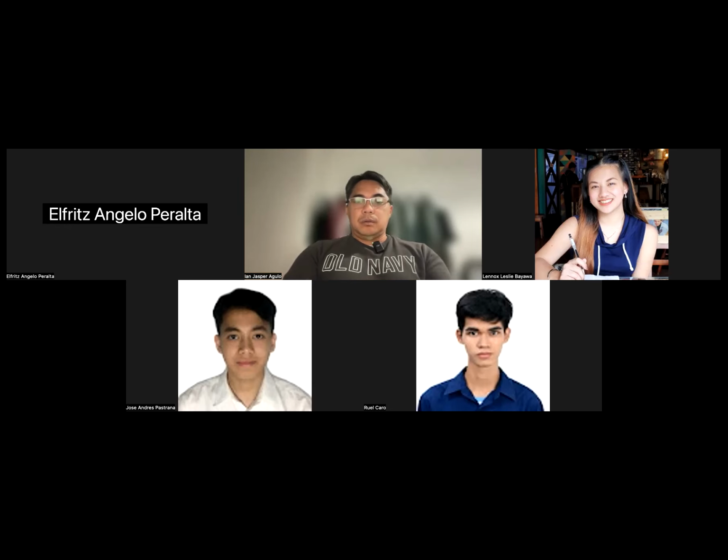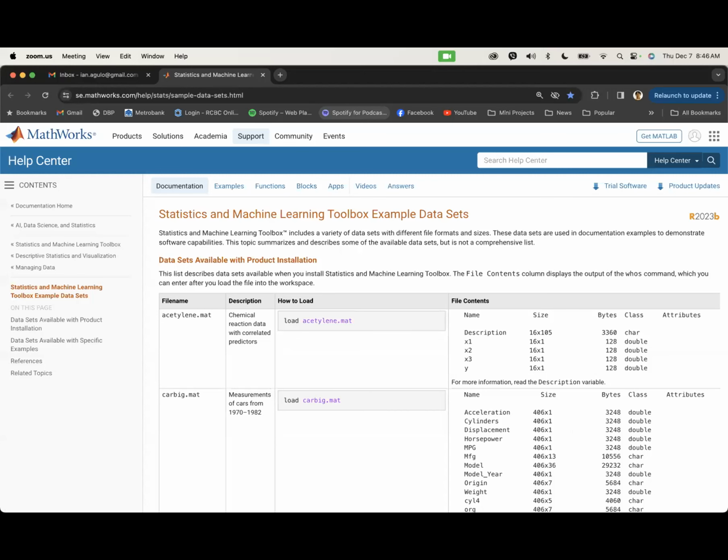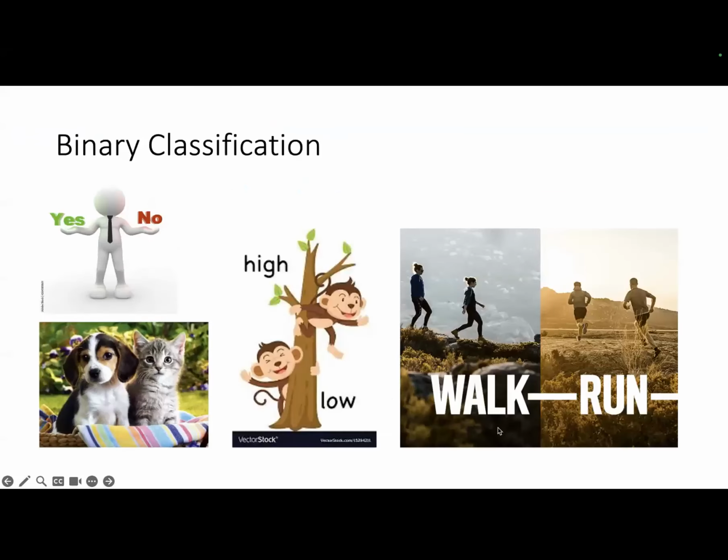Okay, so ngayon pupunta tayo dun sa tinatawag na classification. Okay. So first, yung pinakasimple, binary classification.